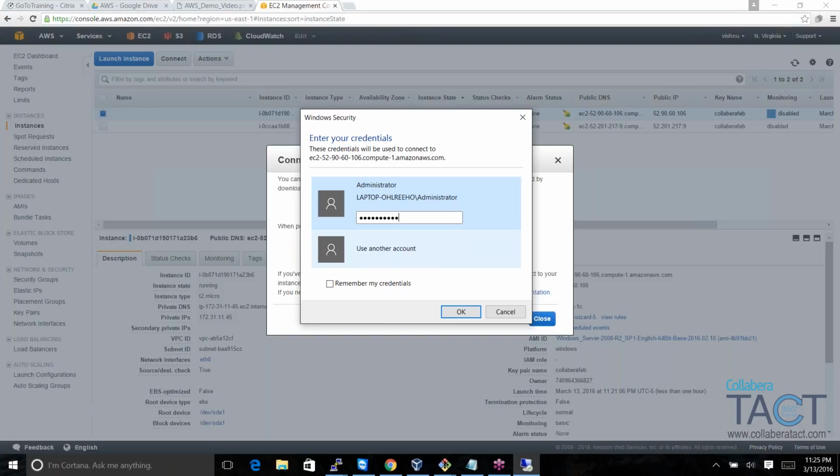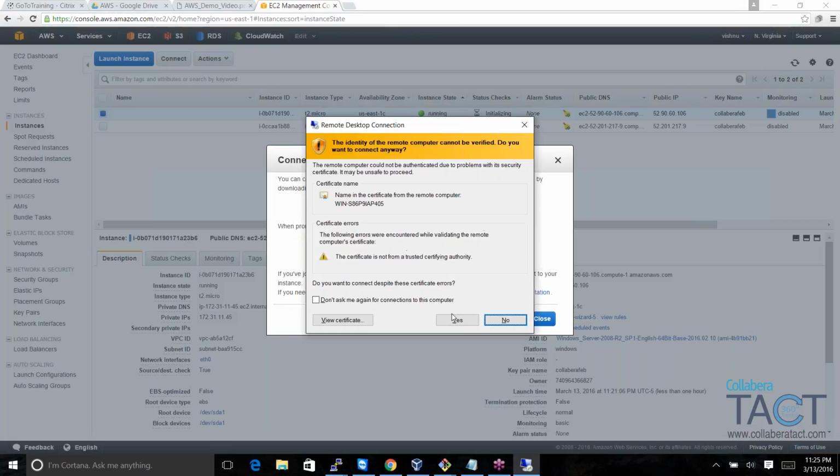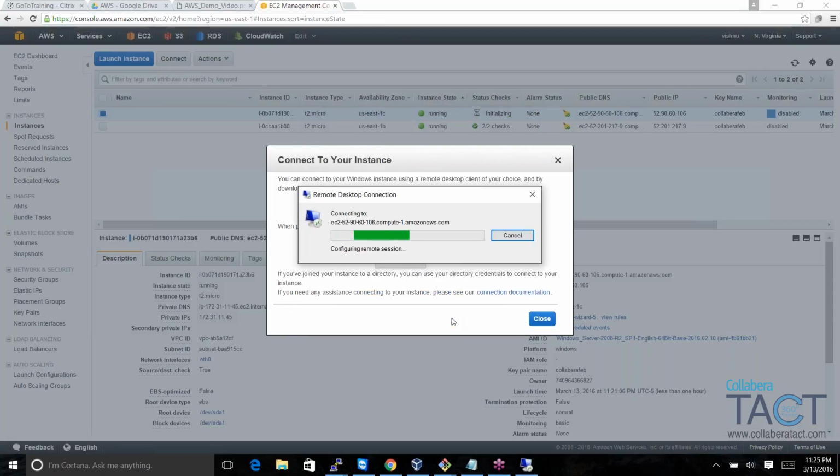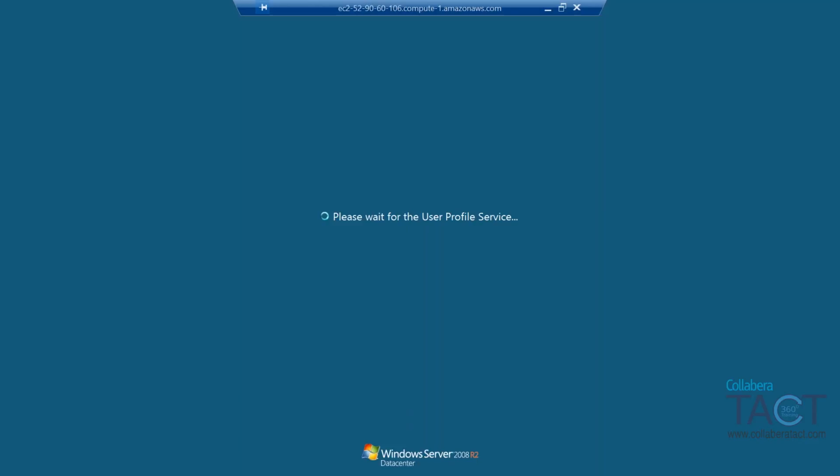I have the file generated already, so it has asked me to give the file, so I gave the file. So now it has the root or the administrator password to log into the Windows machine. Now if I want to connect to it, I just have to click on connect. I can download the remote desktop file. Now I'm going to open this file and I'm going to log in as administrator with the password.